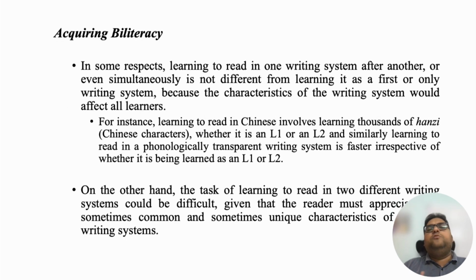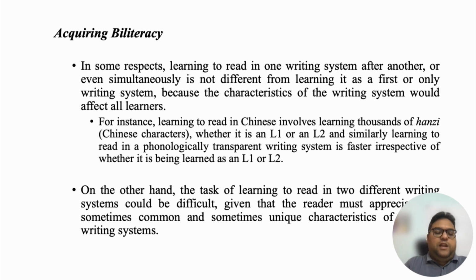Now, how do individuals acquire the ability to read and write in two languages? In some respects, learning to read in one writing system after another, or even simultaneously, is not really different from learning it as a first or only writing system. Say, for example, if somebody begins to read and write in English, they would pretty much follow the same conventions as somebody who is doing it for their first language.